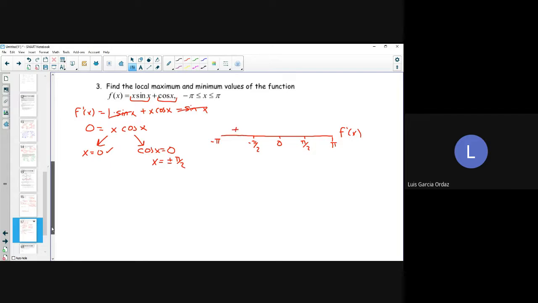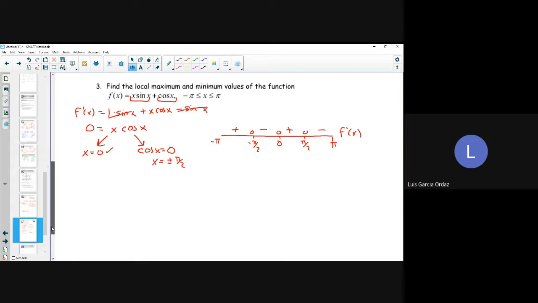If I sub in a number between negative pi over 2 and 0, I would get a rate of change, an increasing or decreasing interval. From 0 to pi over 2, I'm increasing, and from pi over 2 to pi, I am decreasing.